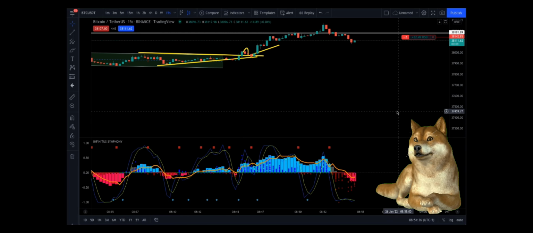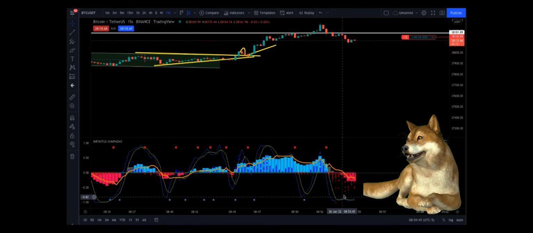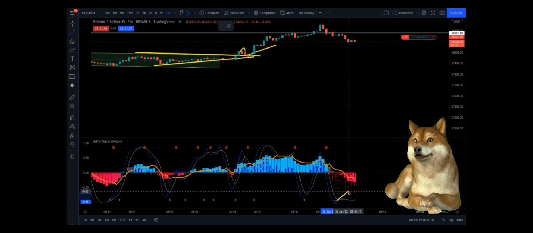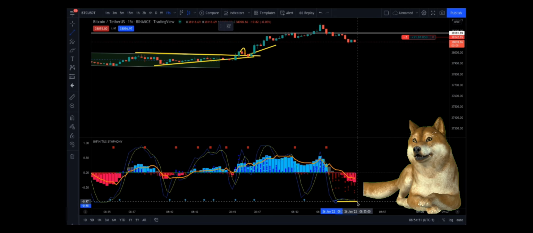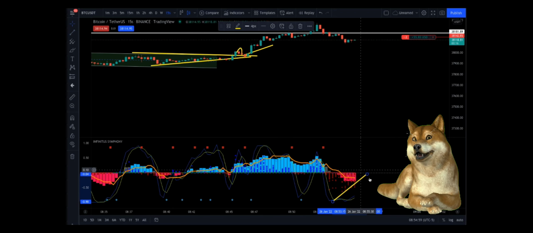So that's cool. But interest, we got to watch this. What's interest doing? See how it's kind of fluctuating back and forth? If interest starts to head that way, we got to reverse this position.